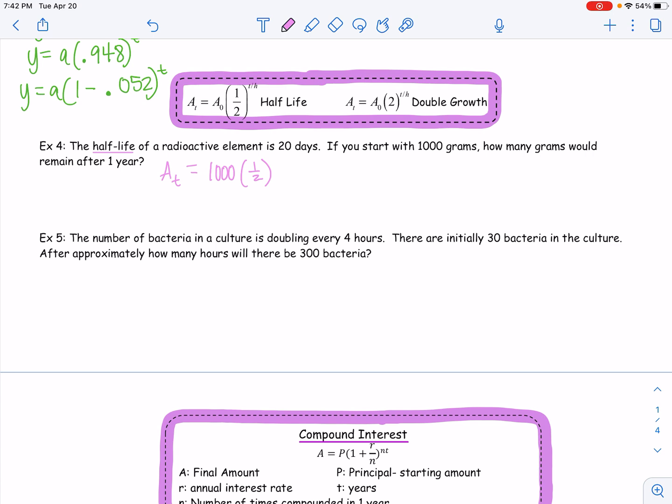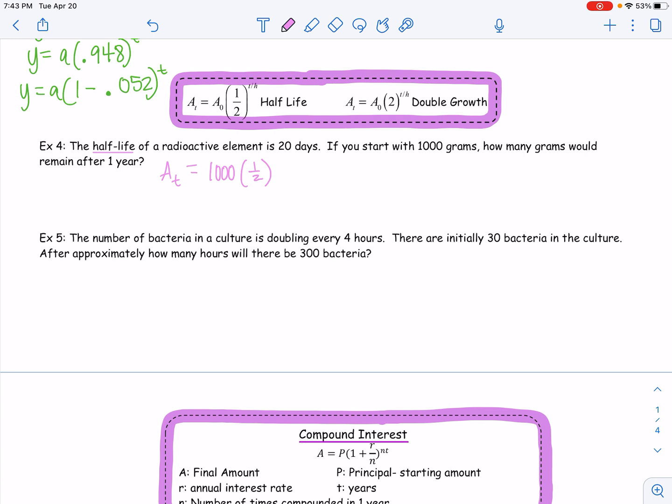Well, t is the amount of time that you're talking about. So in this question it's how many grams would remain after a year. So t is the 1 year divided by h. H is the actual half-life. So how long does it take to cut in half? And that's 20 days.